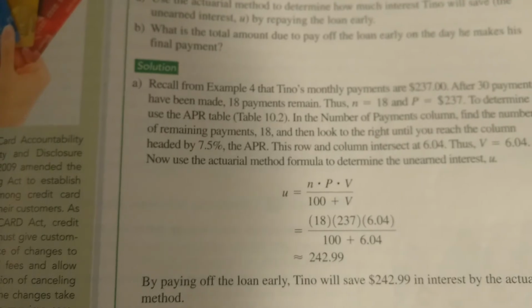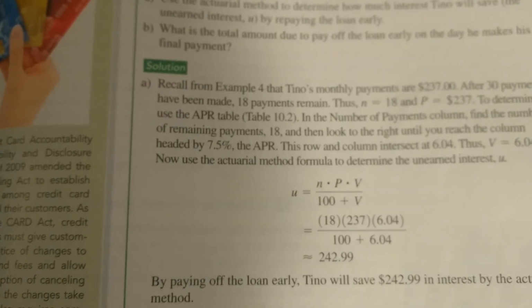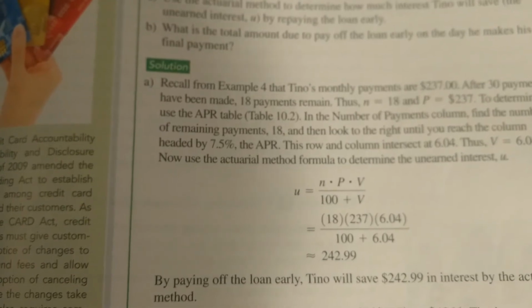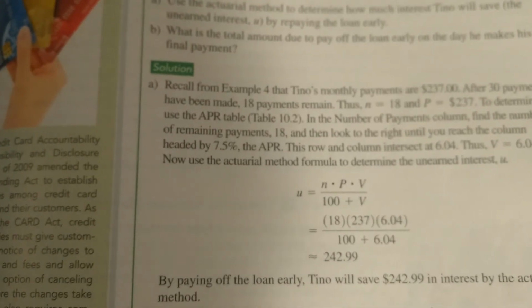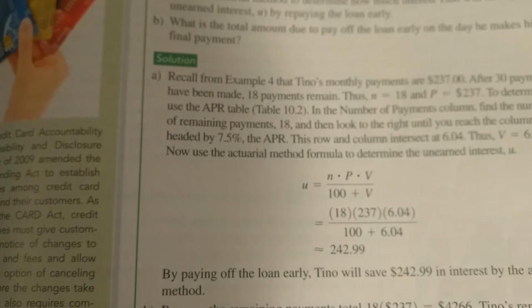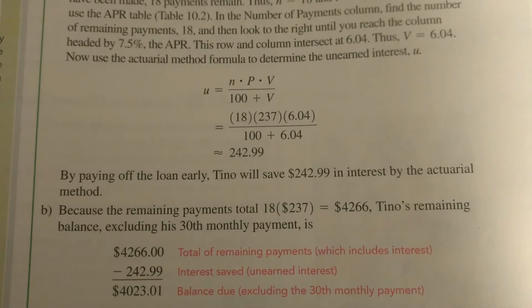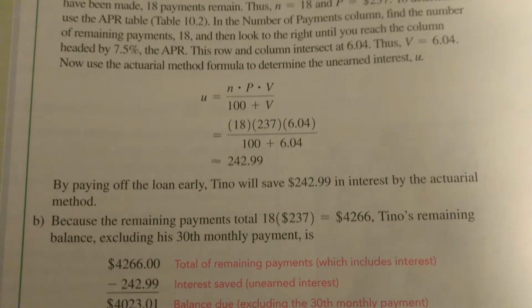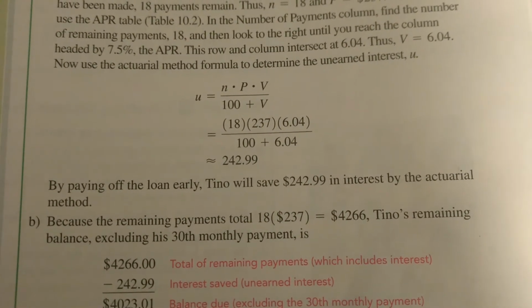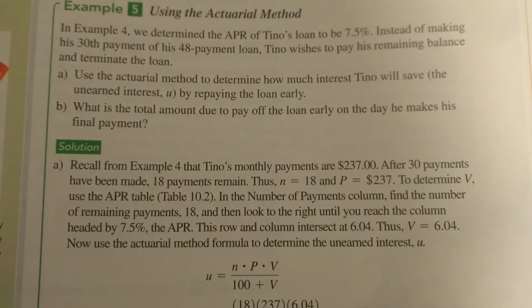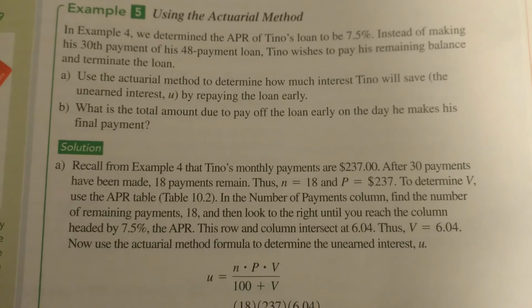Remember, V represents value from the APR table, which we already figured out, which was $6.04. And then the $100 is there. So if we do the math, we find out that with the remaining payments, he's going to save $242.99.